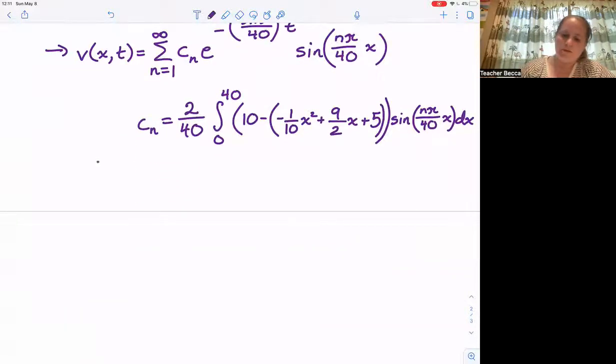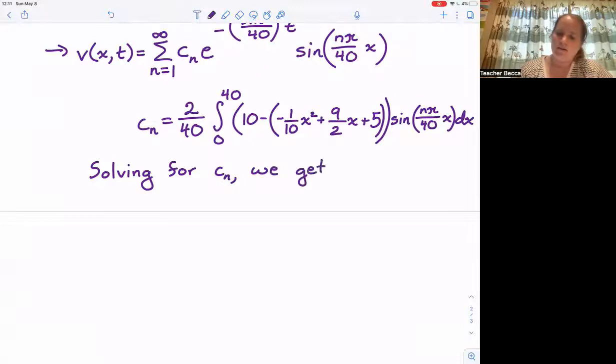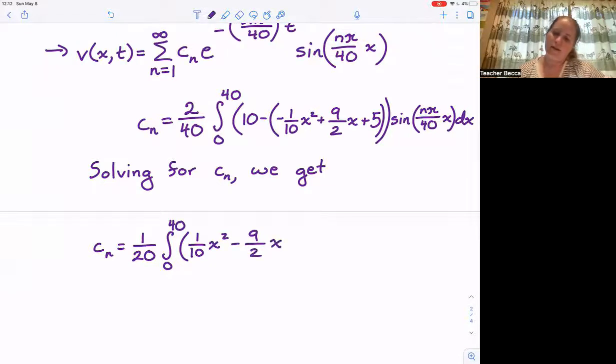If we now solve for Cn, we get Cn is equal to 1 over 20 times the definite integral from 0 to 40 of 1/10 x squared minus 9/2 x plus 5 (10 minus 5 is 5), all times sine of n pi over 40 x dx.